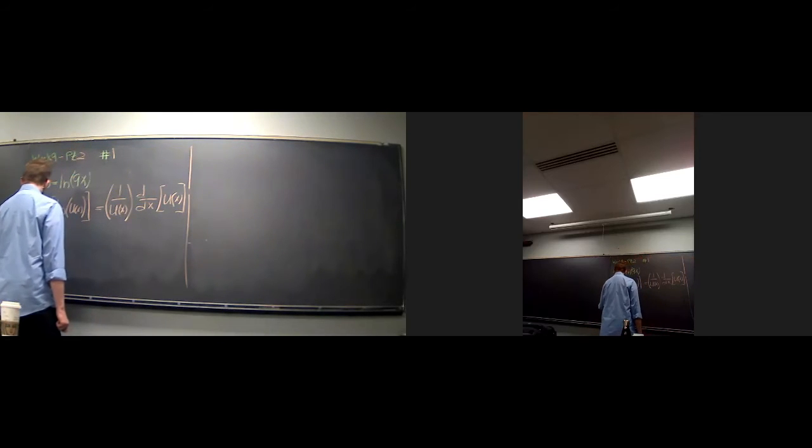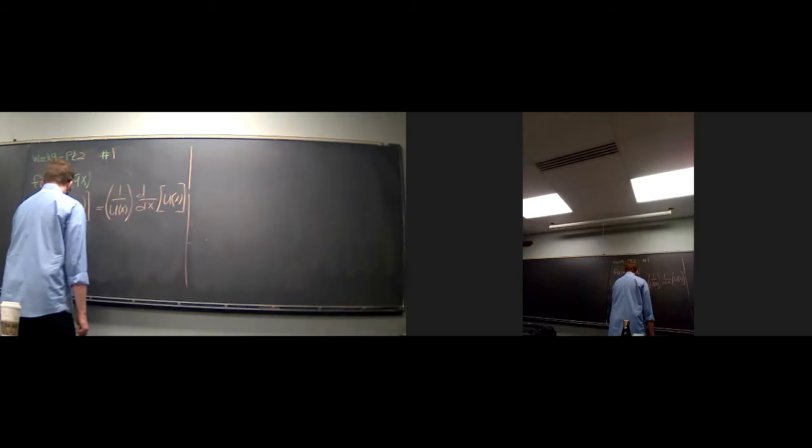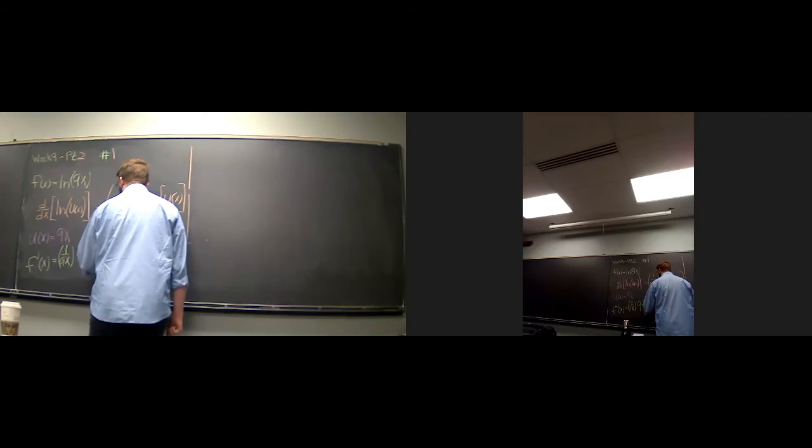So if we were to decide that 9x is equal to u of x, then what we get is that f prime, or the derivative of f, is equal to 1 over 9x times the derivative of 9x, which is just 9, is equal to 1 over x.